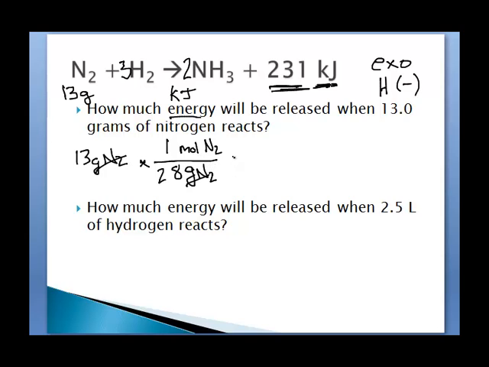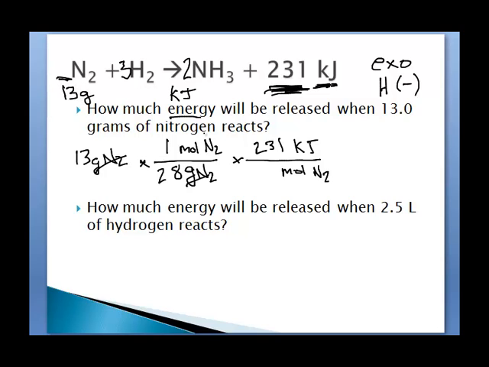Now here's the trick. You know we're going to put moles of nitrogen in the denominator, and the way this works with energy is we take our value for delta H, which is given, or let's just say H, and we're going to have 231 kilojoules of energy per how many moles of nitrogen there are in the reaction.